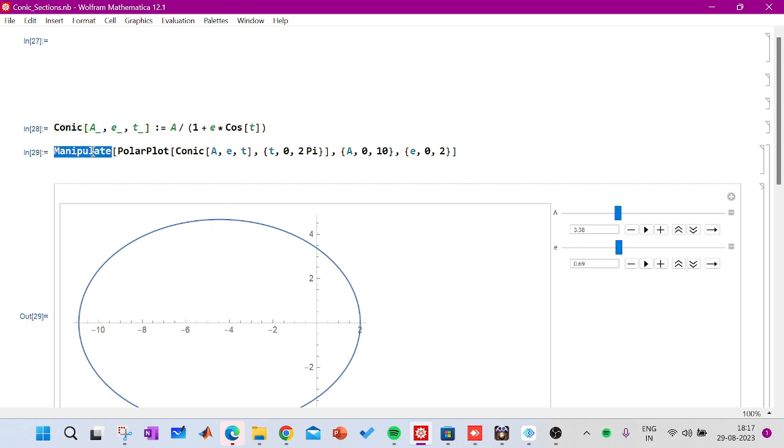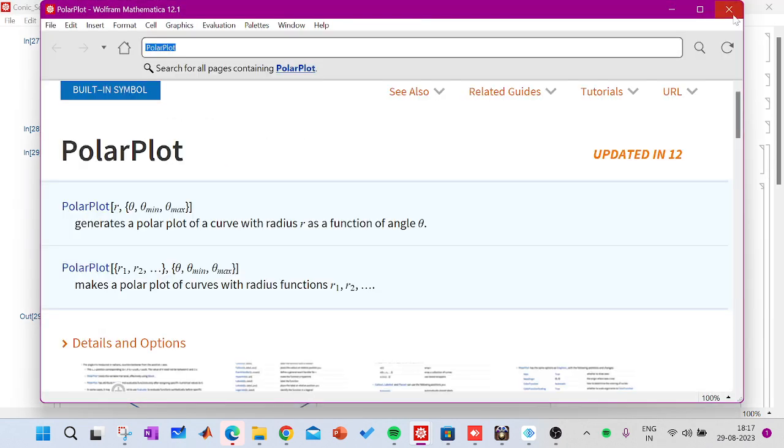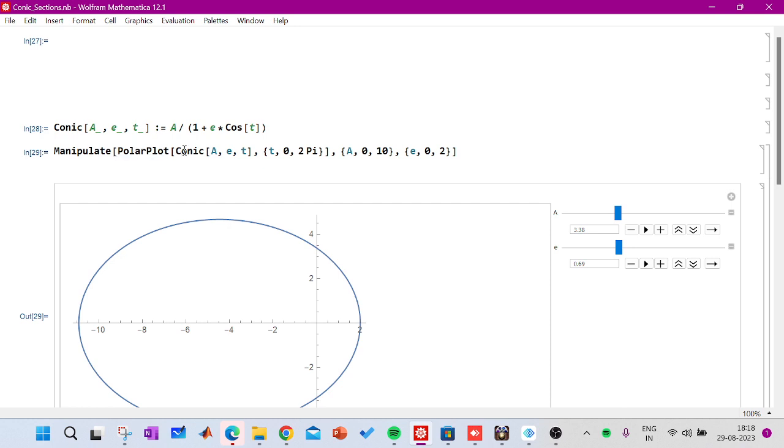Then I'm using this function called Manipulate. It gives us a handle to select the parameters which we want to manipulate or change. So the polar plot of conic of a, epsilon, and t, and the angle t or theta goes from 0 to 2 pi.